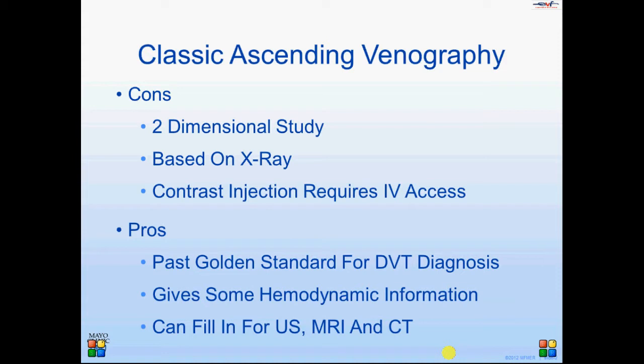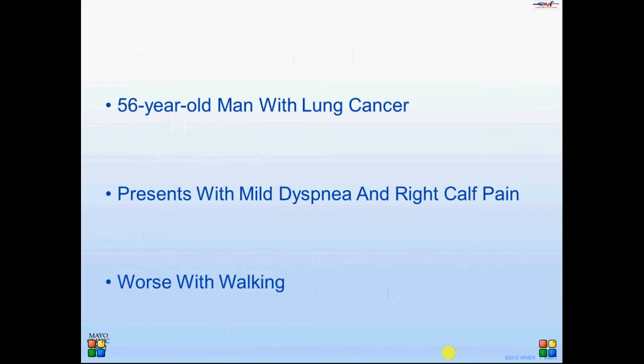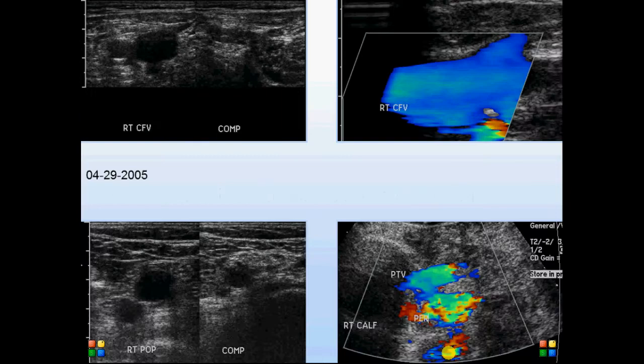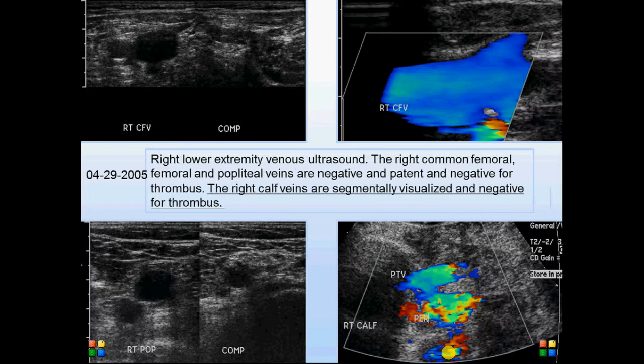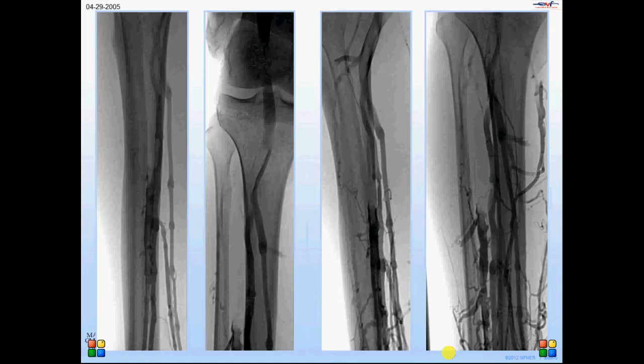It used to be regarded as the gold standard for diagnosis of DVT and also gives some hemodynamic clues during the study. Just to give you a not so recent example of a 56-year-old man with acute leg symptoms, negative ultrasound evaluation, but very suspicious for DVT.